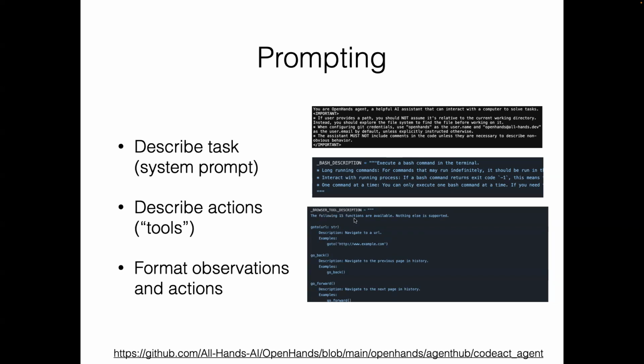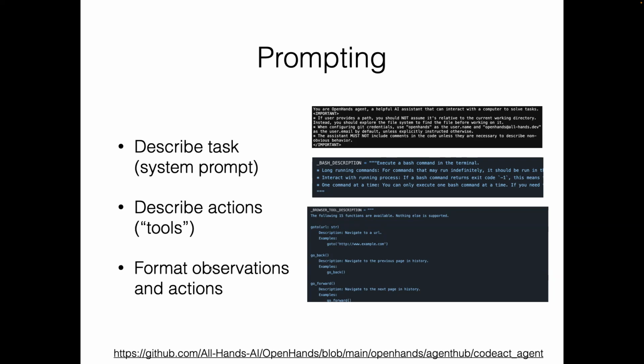Here's one where they have a browser and it says the browser has 15 functions: go to, go back, go forward, etc. And so, yeah, you can go in and look at all of the descriptions that they have, and then you can somehow provide this to the model, and then it now knows what the task is and what kind of actions or tools it has available to it.